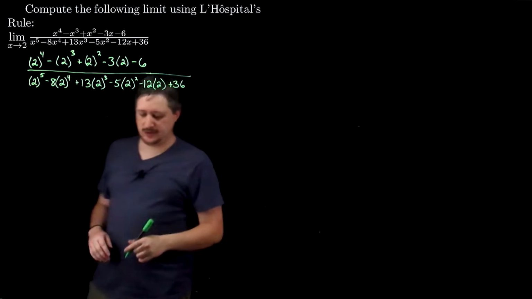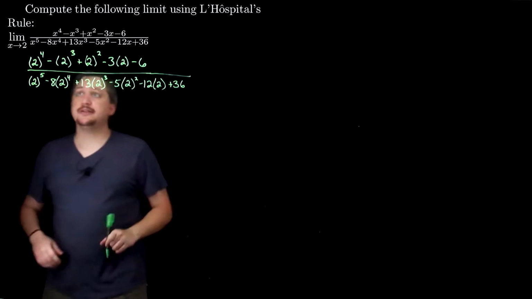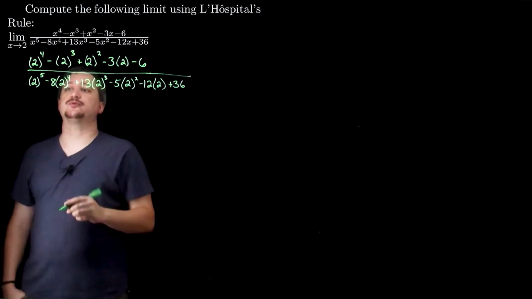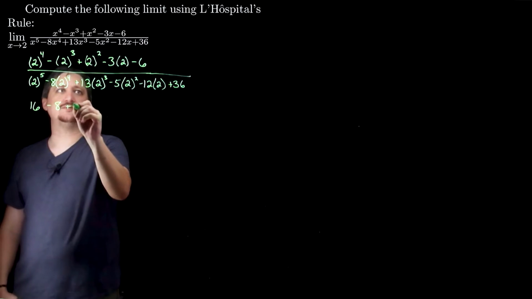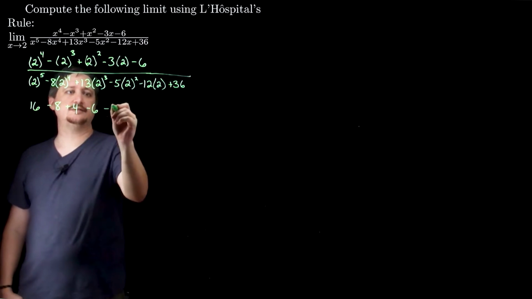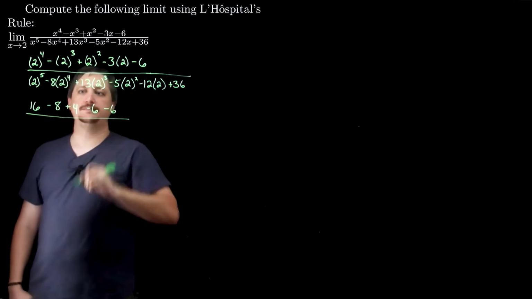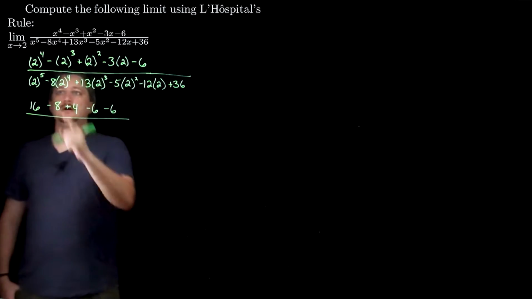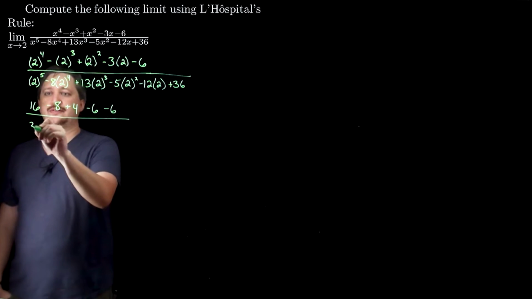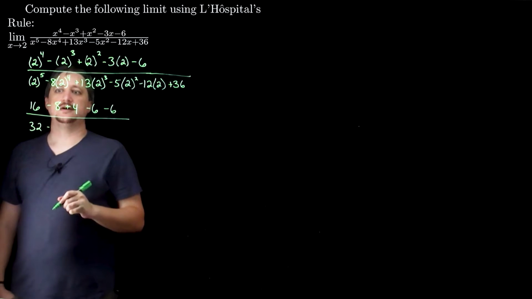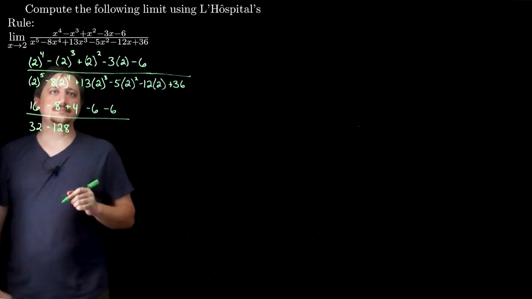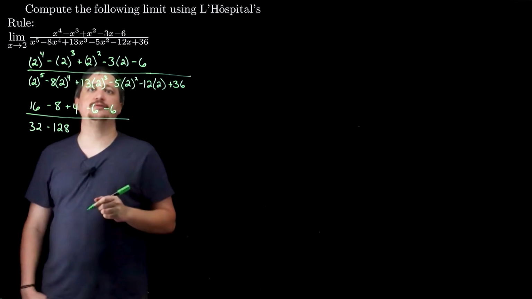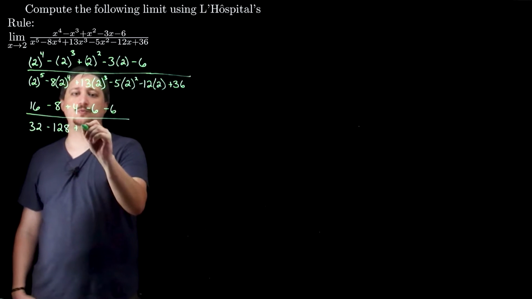Now I'm going to compute. All right, let the madness begin. So 2 to the 4th, that's 16, minus 8, plus 4, minus 6, over 2 to the 5th, that's 32, minus 8 times 16, so that's 128, plus 13 times 2 cubed, so 8 times 13, that's plus 104.